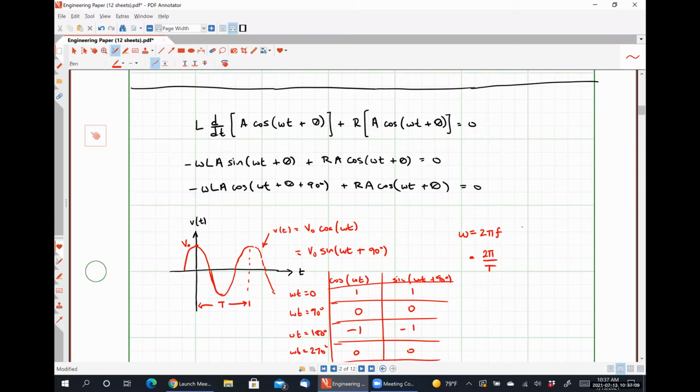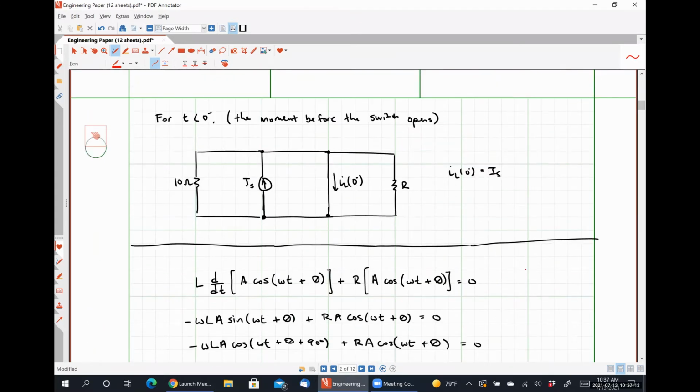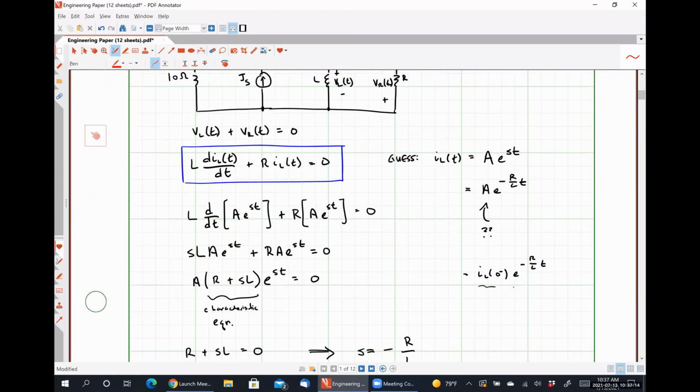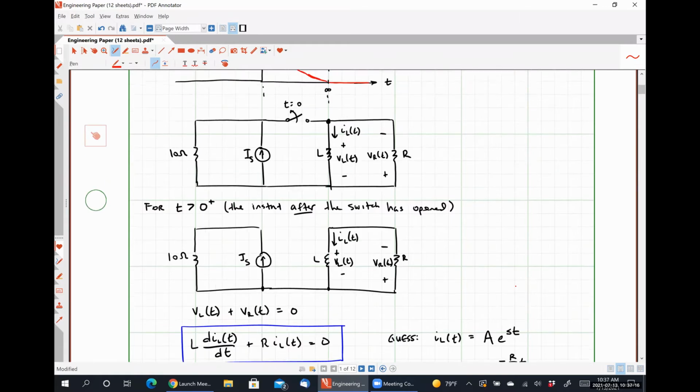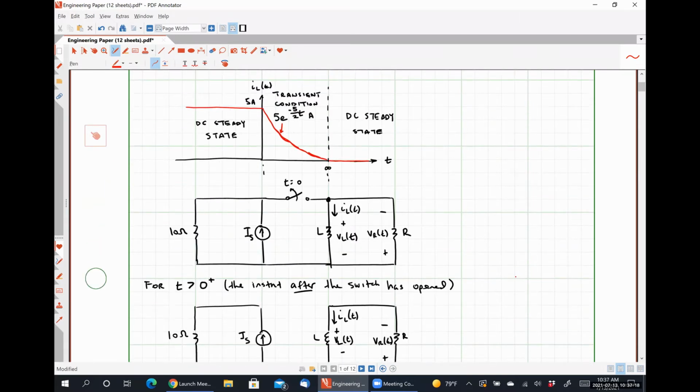So we will observe that for our first order differential equation based systems, so RL circuits and we'll see RC circuits come Thursday, they're all going to behave generally like this. We start at DC steady state. We remove our steady state condition, so our switch opens or our switch changes position.